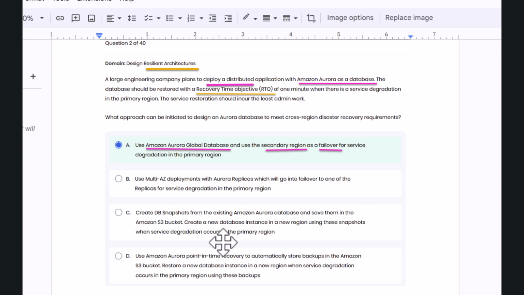The only thing you have to remember is distributed application, Amazon Aurora, recovery time objective, and cross-region disaster recovery. The answer would be use Amazon Aurora global database and use the secondary region as a failover for service degradation in the primary region.